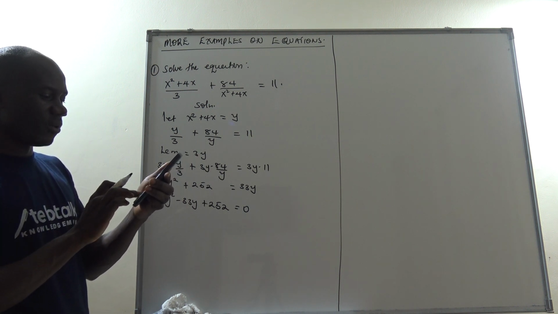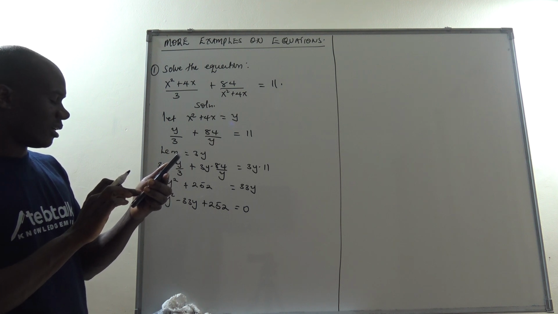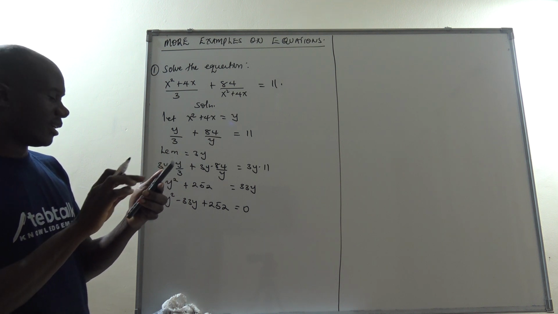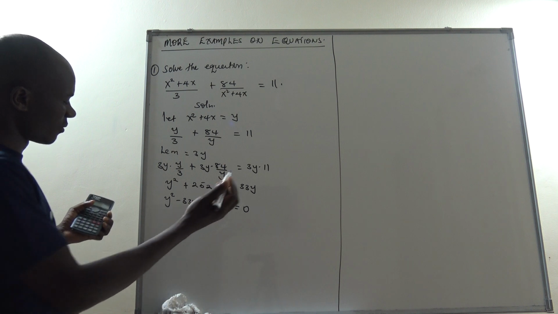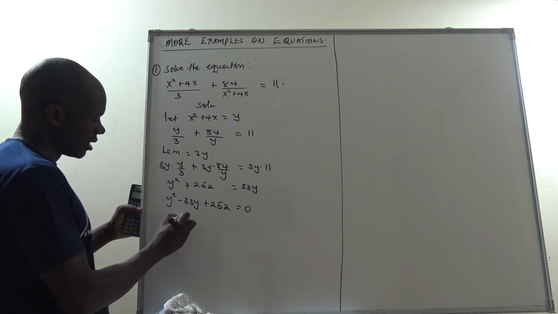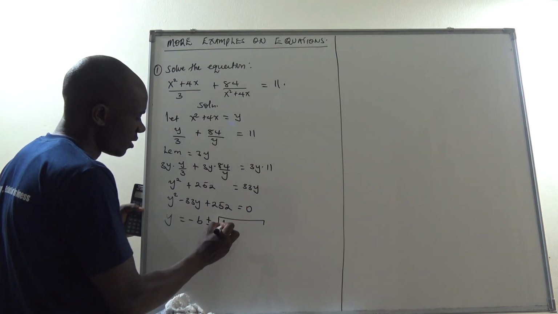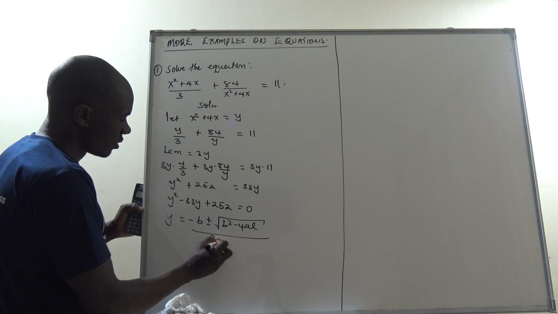Now, we'll think of two numbers, or I can use the factor bulldozer. I can say y is given as negative b plus or minus root of b squared minus 4ac all over 2a.